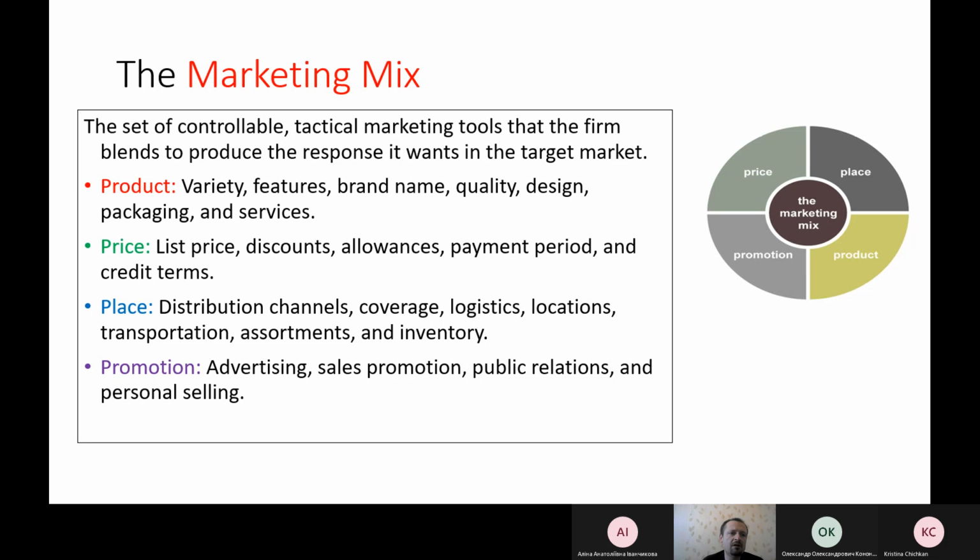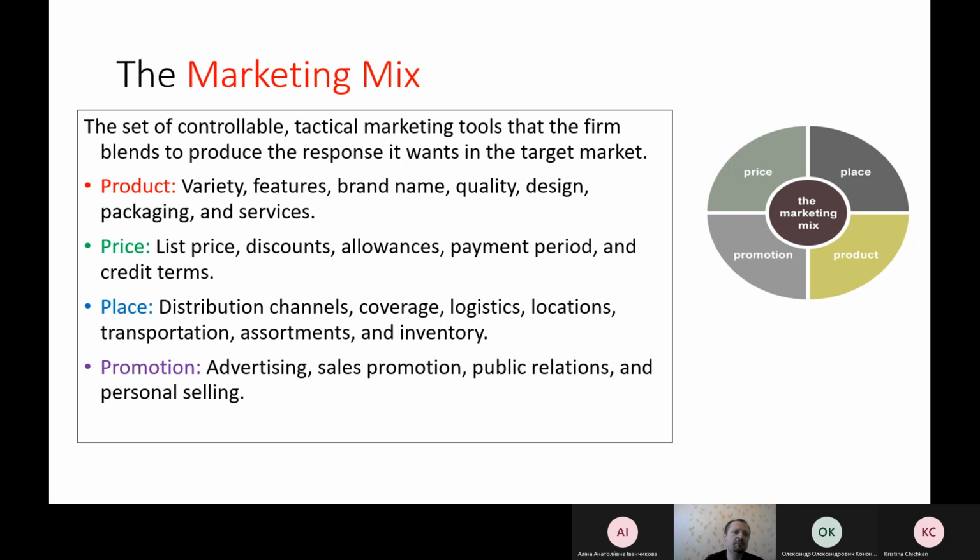You know that marketing mix is 4P: product, price, place, and promotion. And these four variables, I would say even not variables, but groups of variables, must be described for creating a marketing strategy.